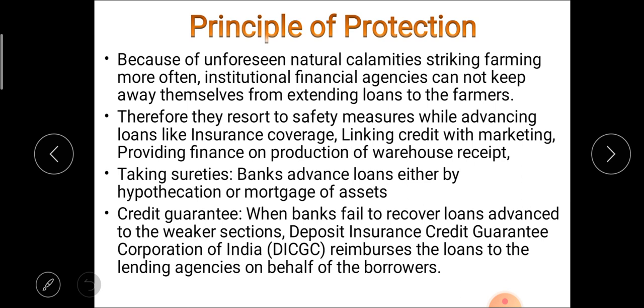To withstand such risks, the farmer takes some protection like crop insurance, linking credit with marketing, and provision of finance on production of warehouse receipts, etc. So this principle resorts to safety measures while advancing loans, like insurance coverage, credit linking with marketing, and provision of finance on production of warehouse receipts.